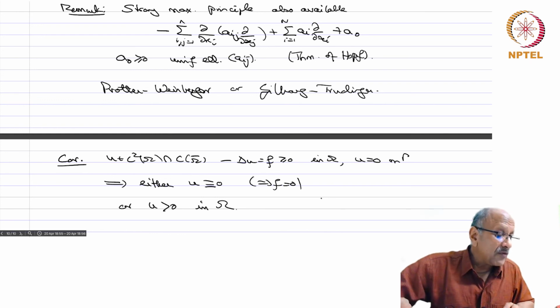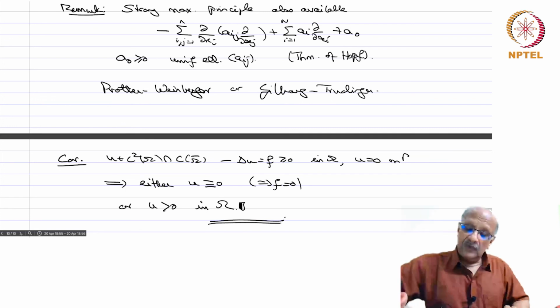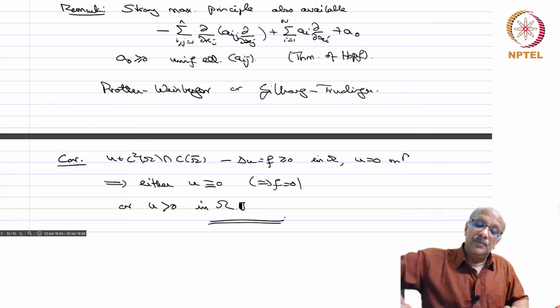Okay. And therefore, this is a very nice and useful result to know. So, this is just a corollary of the strong maximum principle. Okay. So, with this we will wind up the maximum principles.